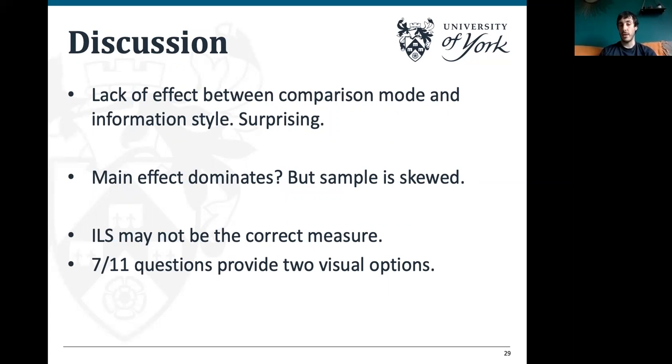In post-analysis, we noticed that 7 of the 11 questions actually provide 2 visual options rather than an auditory and visual option. We did notice in the data that there were examples of participants who performed better on the verbal condition than the visual condition, and vice versa, and also examples of participants who performed well in both conditions. But this performance was not correlated with their ILS score.